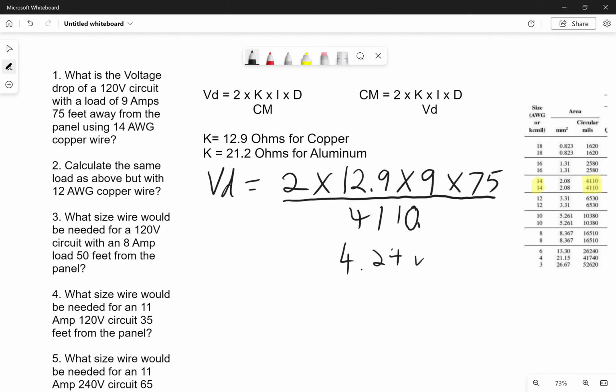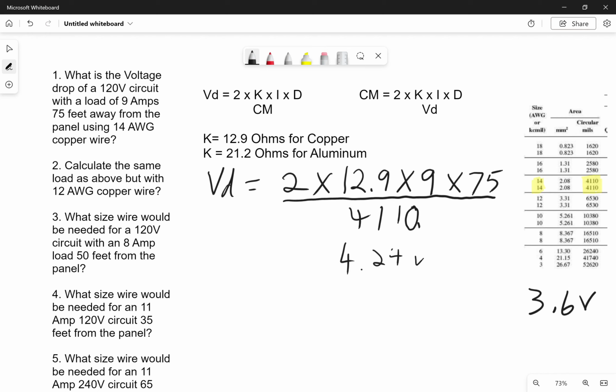Now, it didn't ask me here, but we're going to check anyways. What is the allowed voltage drop for 120 volts? The allowed voltage drop is 3%, so 120 times 0.03, we get 3.6 volts is our allowable voltage drop. So we're over our allowable voltage drop.